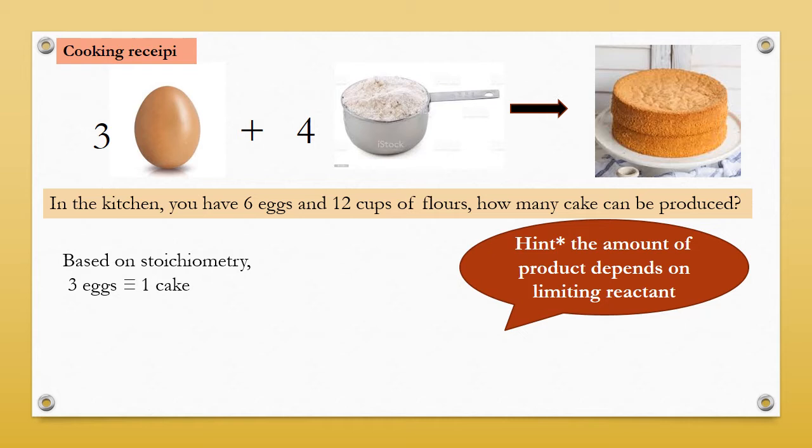Based on the stoichiometry, 3 eggs will produce 1 cake. When I have 6 eggs, how many cakes can I produce? We cross multiply: 6 multiplied by 1 divided by 3. So I will get 2 cakes. Remember, the product depends on the limiting reactant.